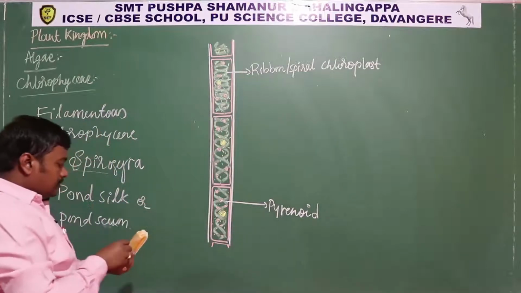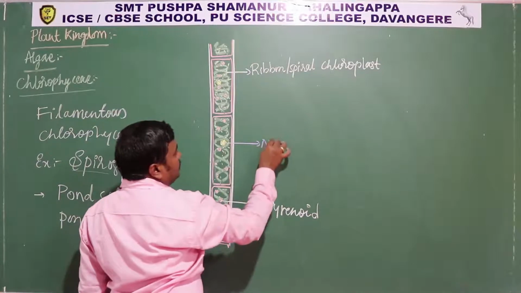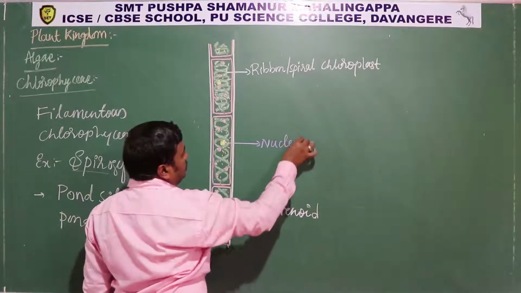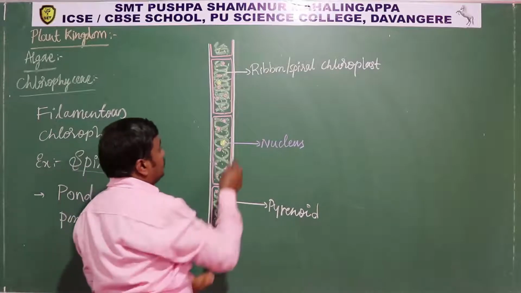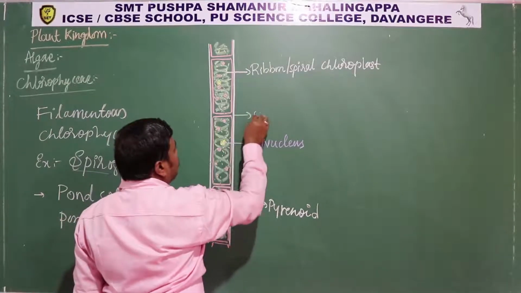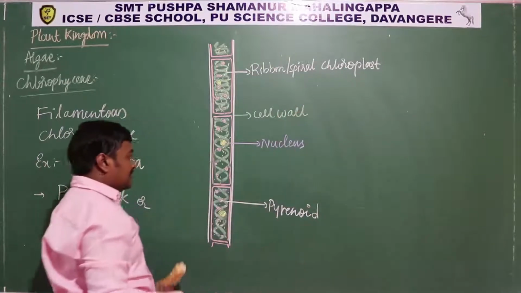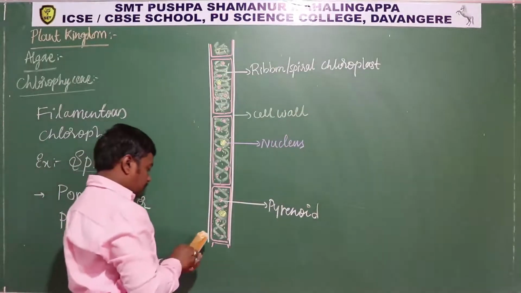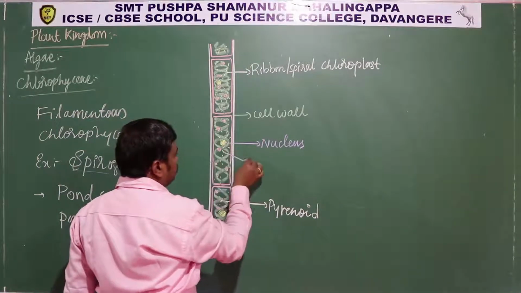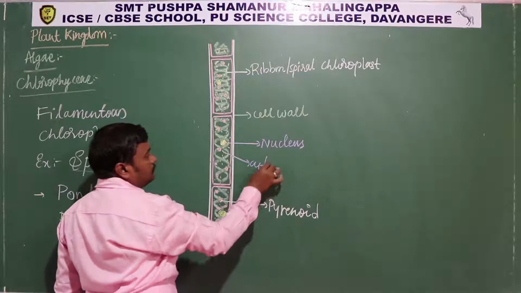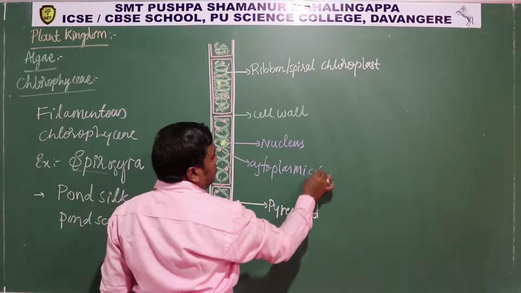Okay, so this is the nucleus, this is the cell wall, and this is the cytoplasmic strand.